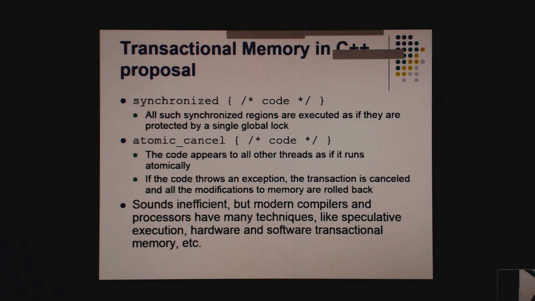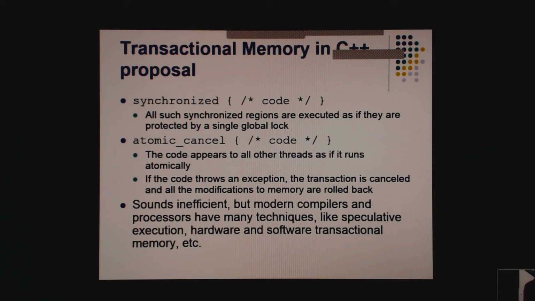The compiler will figure out things like, this list update isn't going to work atomically. I'm going to keep retrying this atomic block until it works. Cancel on the end just says what to do with the transaction if an exception is thrown.